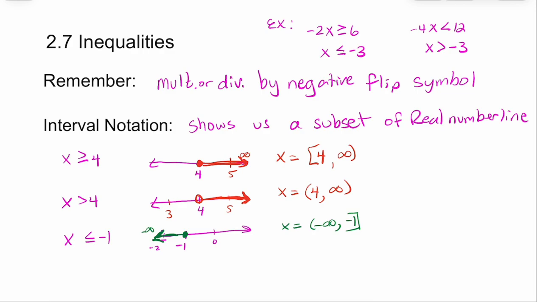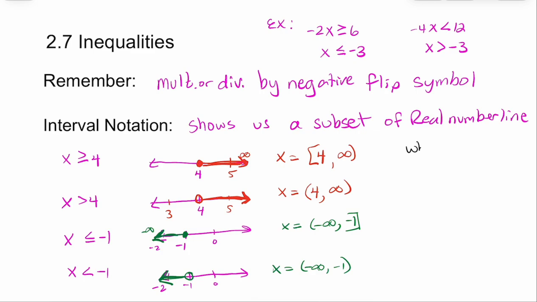And then finally, if I have just x is less than negative 1, I would have an open circle at negative 1 and I would shade to the left. So my interval, it has to indicate, yeah, I start at negative infinity as far to the left as I want, but I'm not using negative 1, so that's why I put a parenthesis.